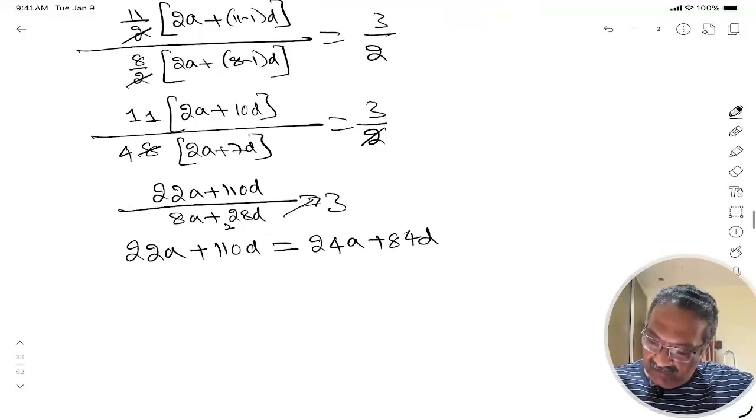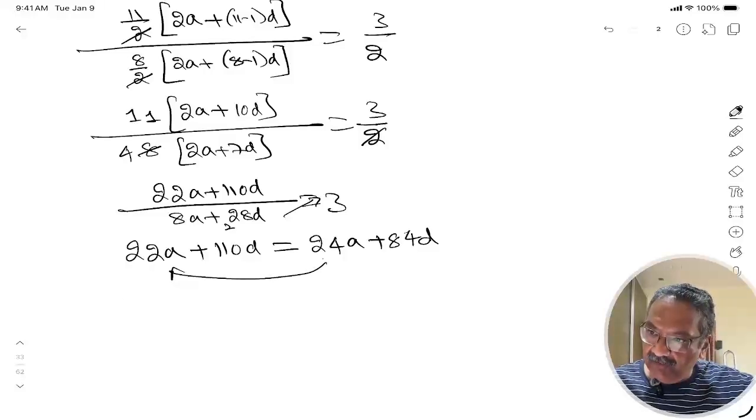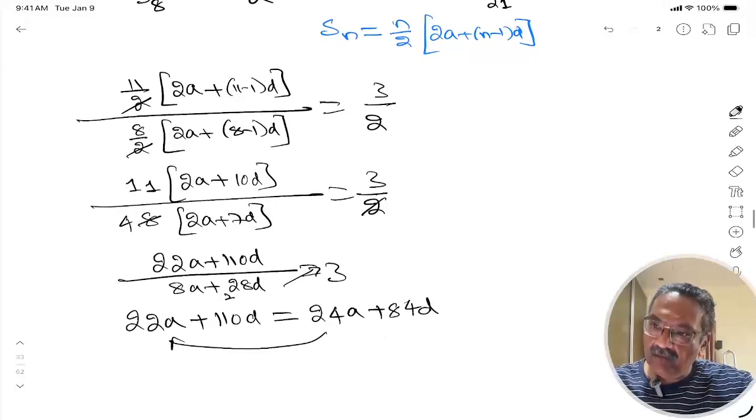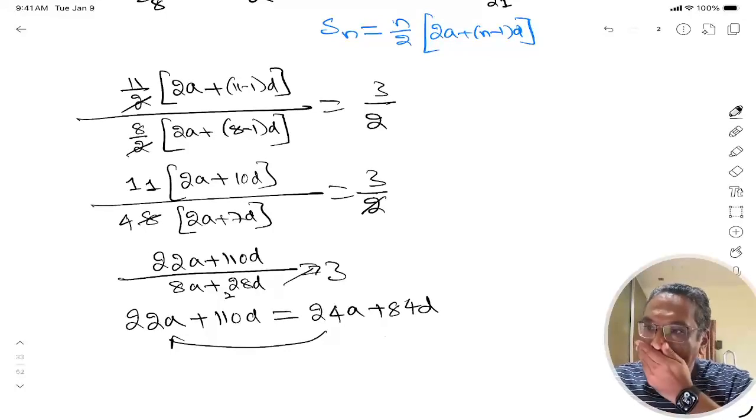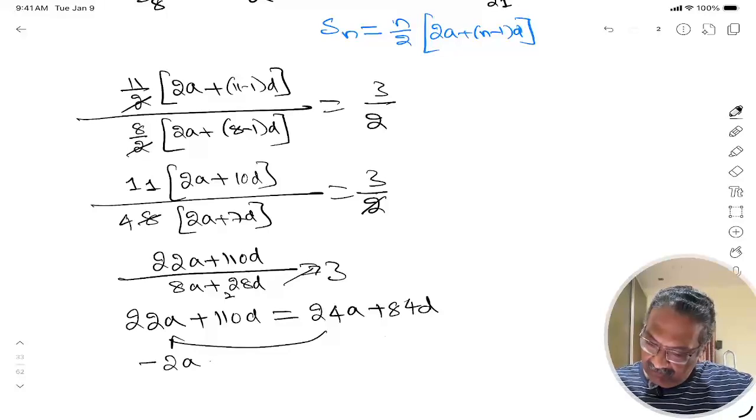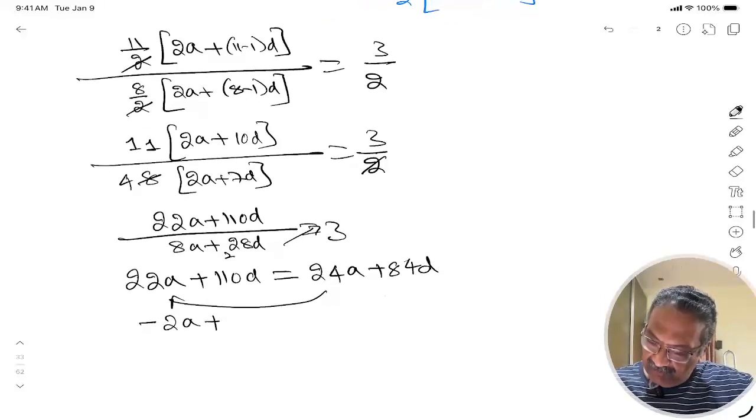So if this comes to this side, what will happen? 22a minus 24a, that is minus 2a, plus 110 minus 84, 26d is equal to 0.